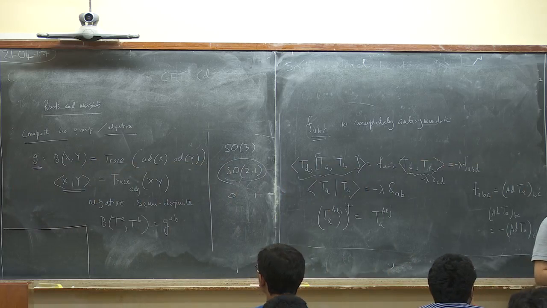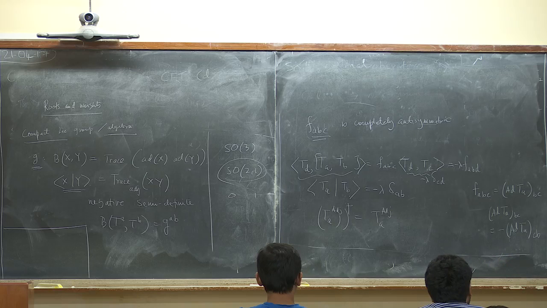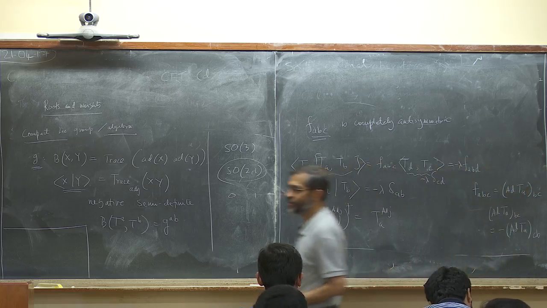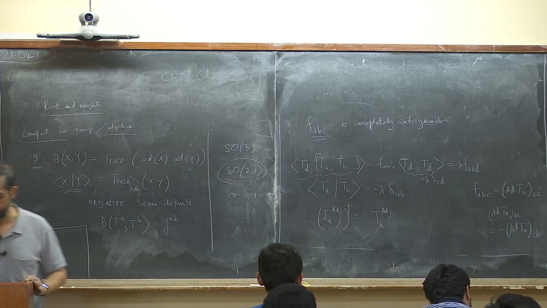So the first one is that any representation is in terms of Hermitian operators, and the second is that if it is an irreducible representation, then it's finite dimensional. I don't know the proof of this. I'm just quoting Georgi's book.